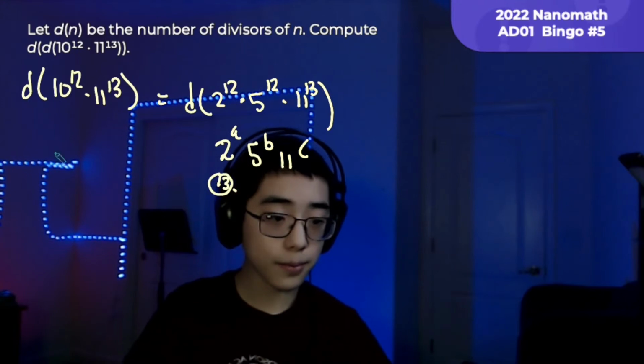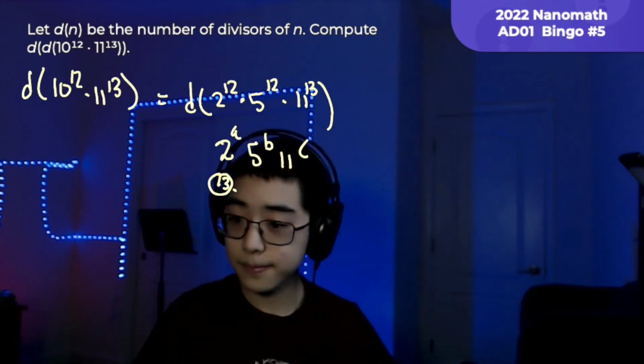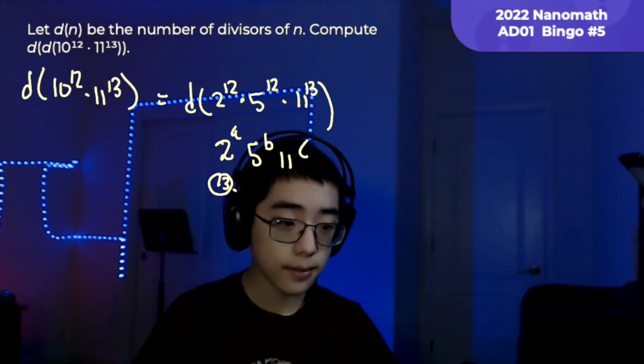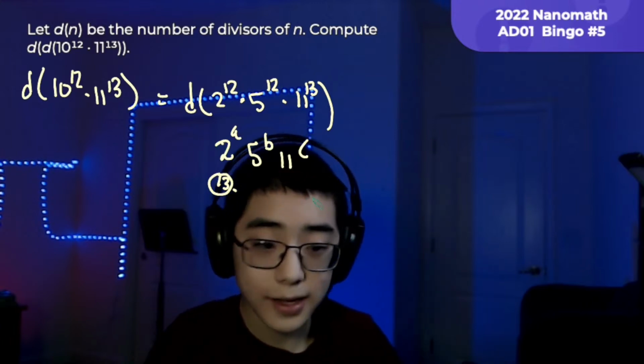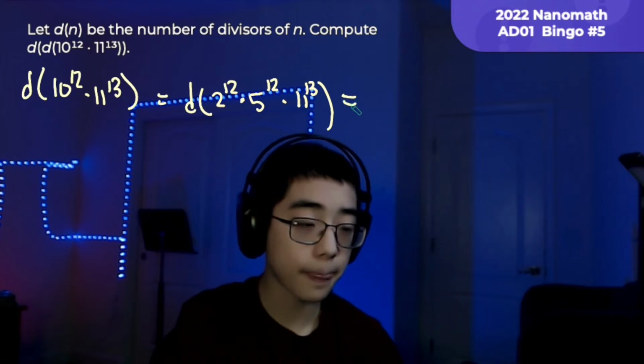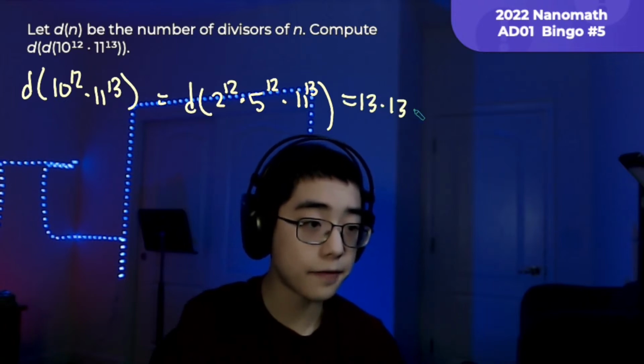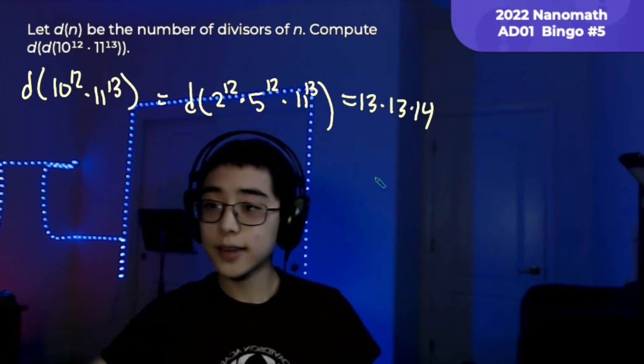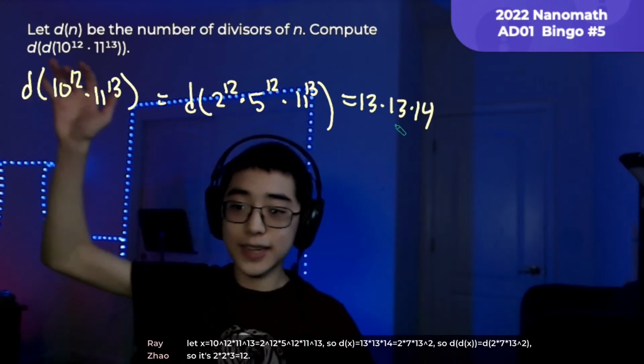So our total number of divisors is, by the multiplication principle, just multiplying these together, or 13 times 13 times 14. But we're not done yet, because it wanted d of the number of divisors of all of this.